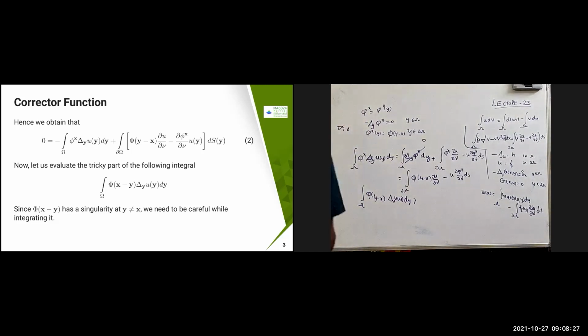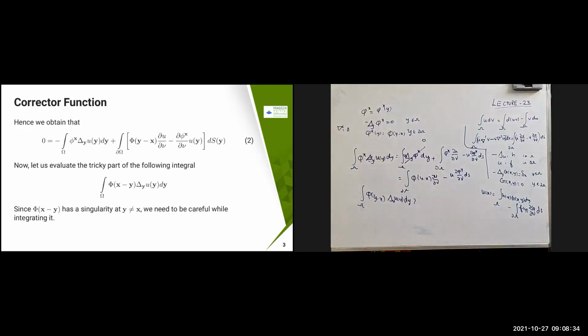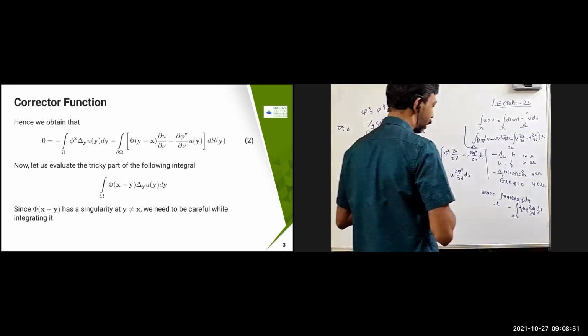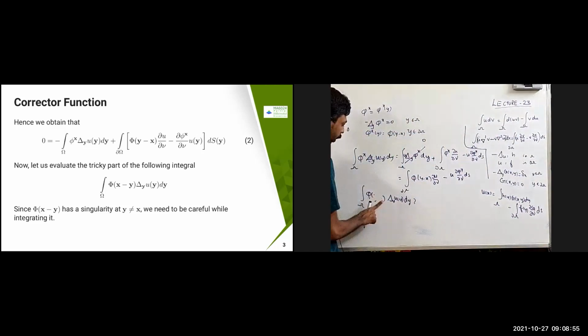This is a little bit challenging one because phi of x minus y has a singularity. Either phi of y minus x or phi of x minus y, both are the same.